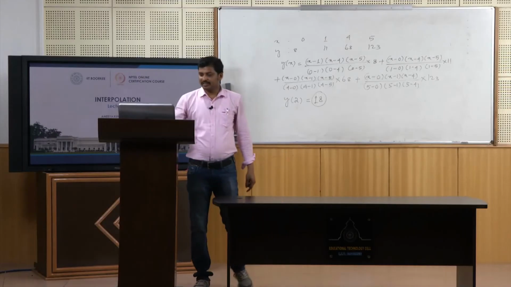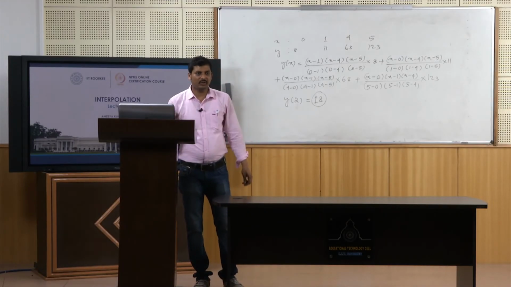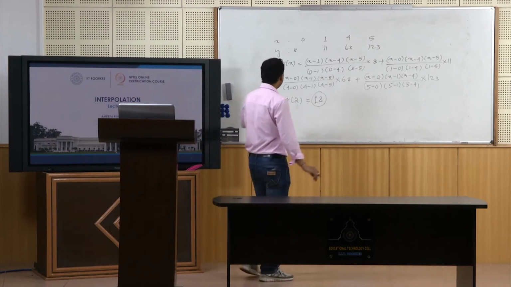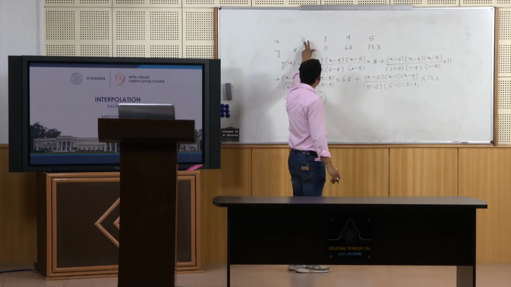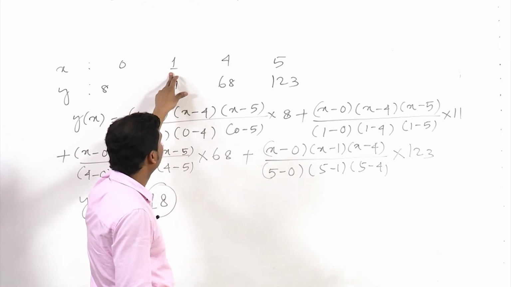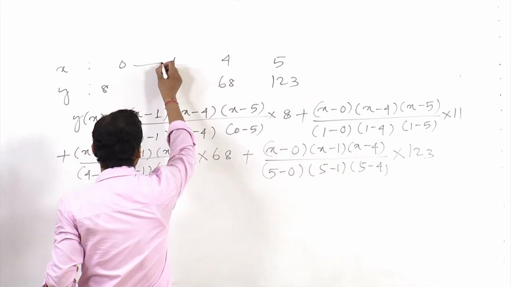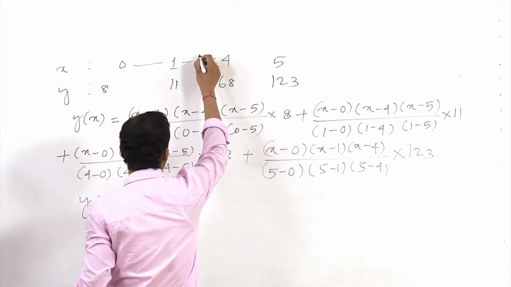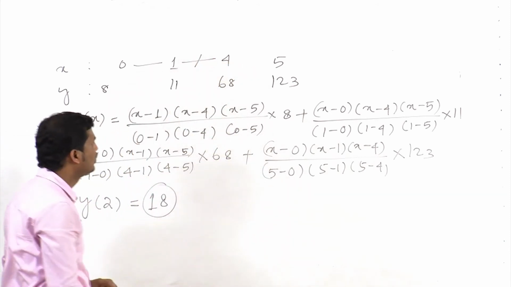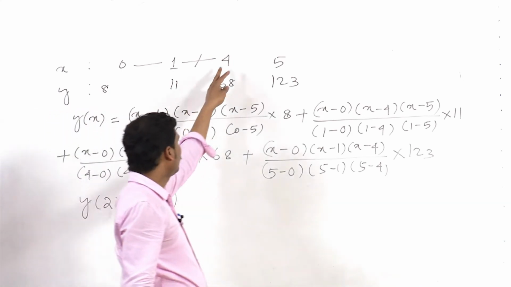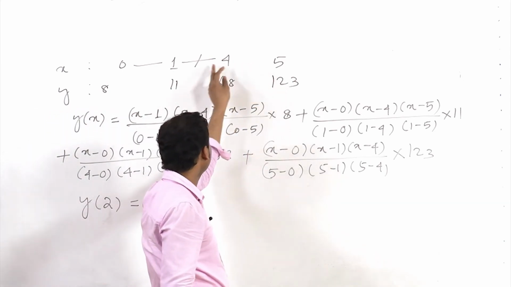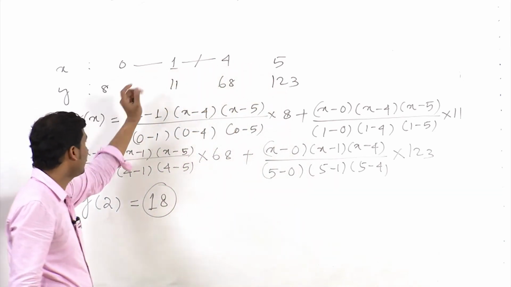Since we are using this Lagrange interpolation polynomial, if you look at the data points here, the first point is 0, then the second point is 1, then the third point is 4 here. If you look at these differences, they are unequal here, and again for 4 and 5, this difference is 1, this difference is 3, and this is 1 again.